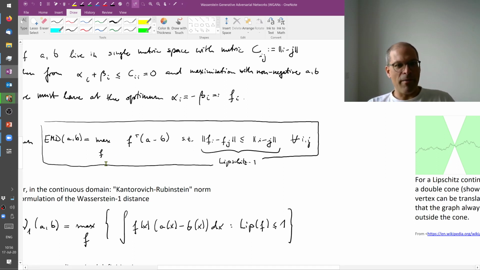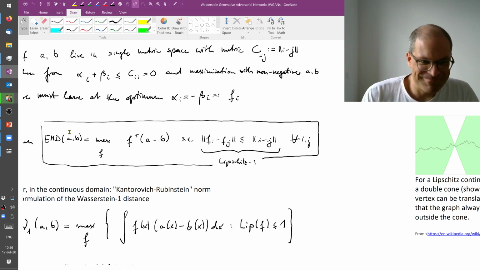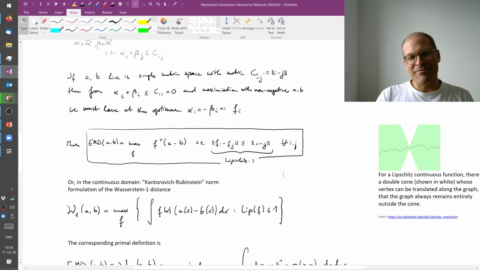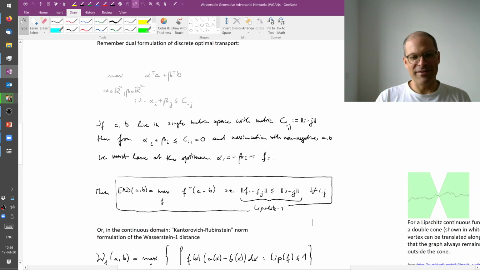And if we now maximize over any such function, then the value of this maximum will give us the earth mover's distance. This is a funny result, perhaps. But I think it's hopefully sort of clear if you come from this duality argument in linear programming.